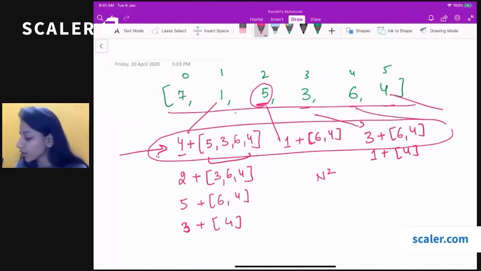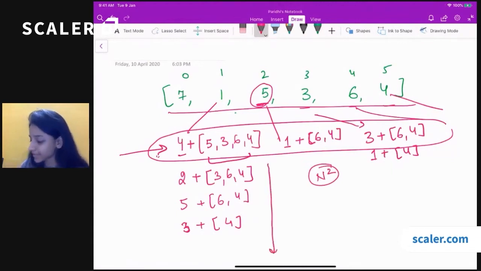Cool. So for n elements at the first level, we are having n possibilities, so the time complexity is of n square. Now this is happening n times, isn't it? For every element, this could happen n times in the worst case. So that is the first level, right?